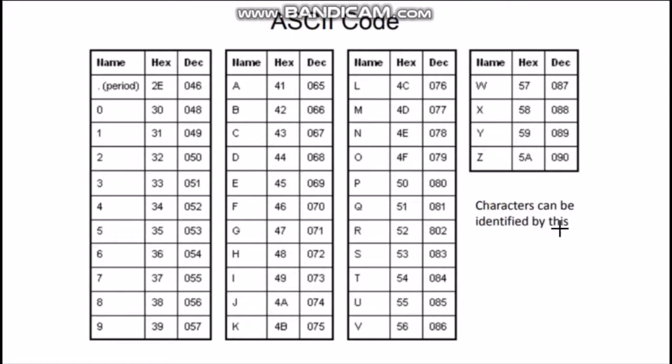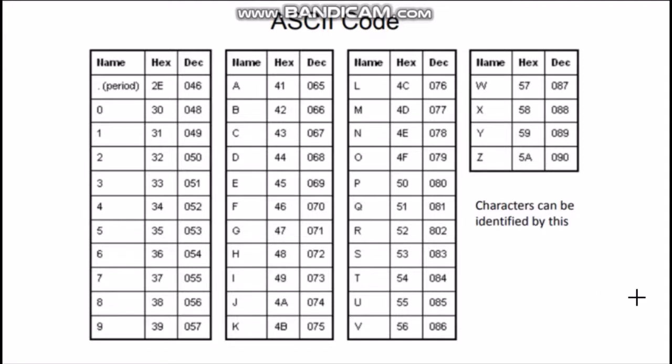This is the ASCII chart of not all characters but a few commonly used characters. Capital A in decimal is 65, in hexadecimal it is 41. In ASCII 8, how will it be represented? 4 is 0100 and 1 is 0001.